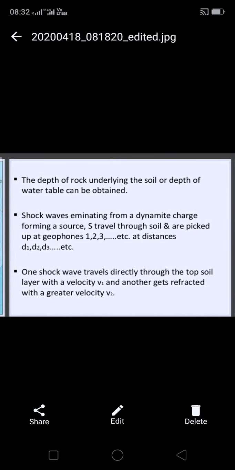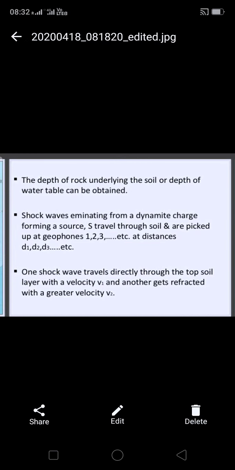Velocity is equal to displacement upon time, so we get v1 and v2. According to that, we will find h1 and h2. The formula is given here. This is about the method.